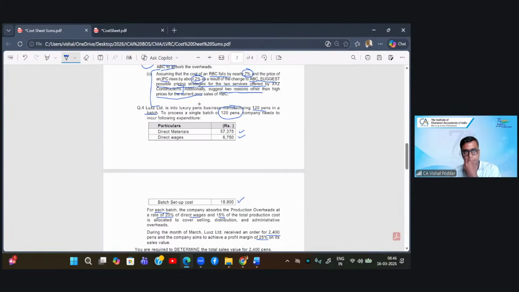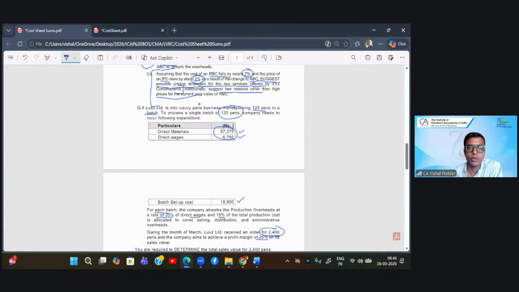Which is also their batch size. Now we have to find it out for 2400 pens. So virtually every cost has to be multiplied by 20. So if you multiply every cost by 20, you will get the desired cost.